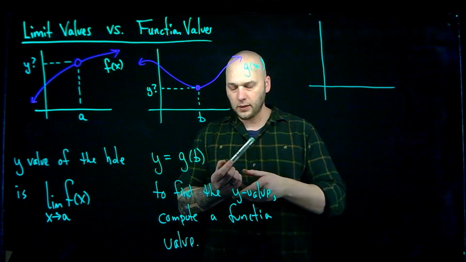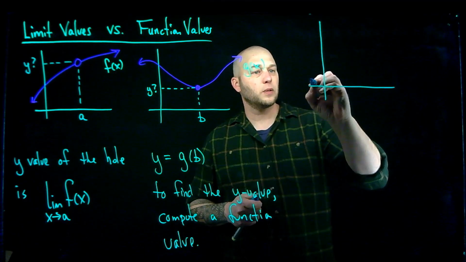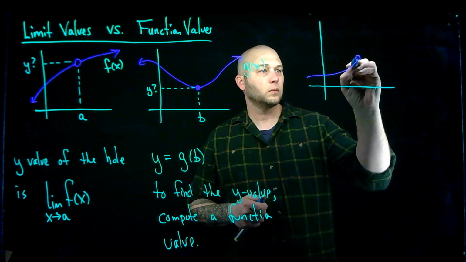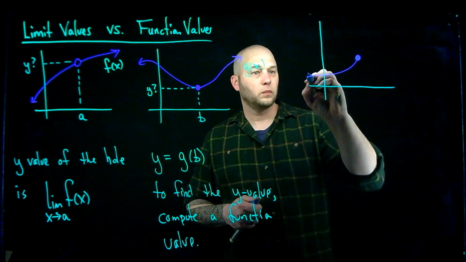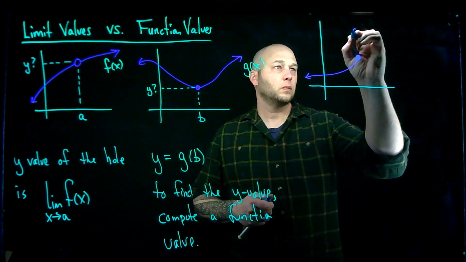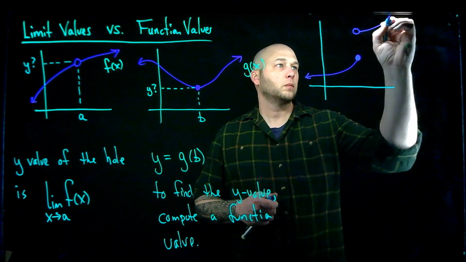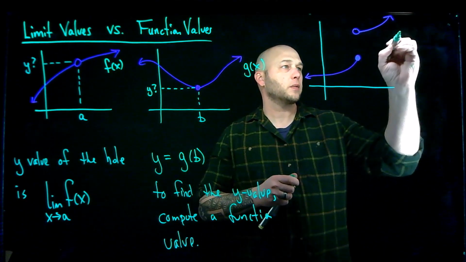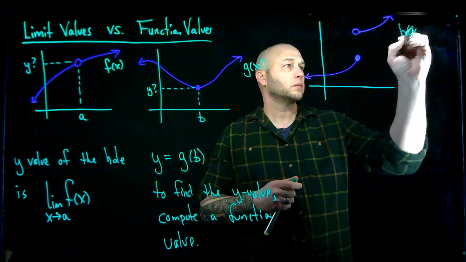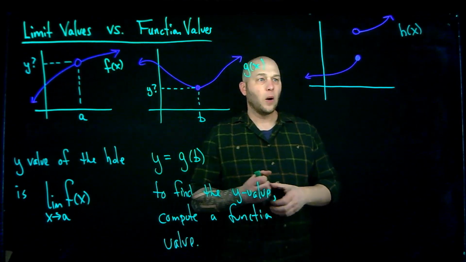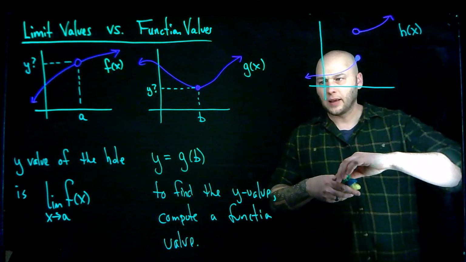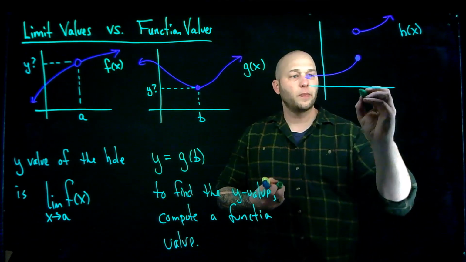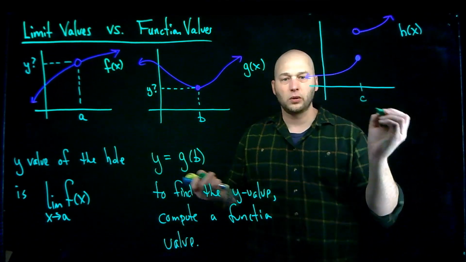Okay, so let's say this time my graph looks like this. And let's say this is the function h of x. Okay. Now, let's give this a label. Let's say this corresponds to the x value, say x equal to c.